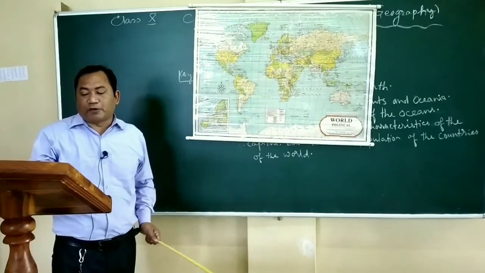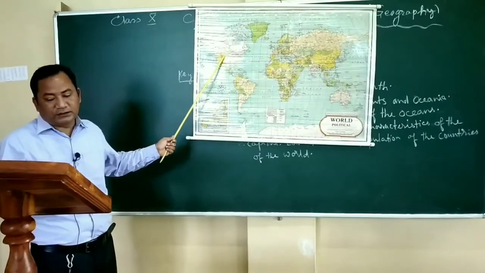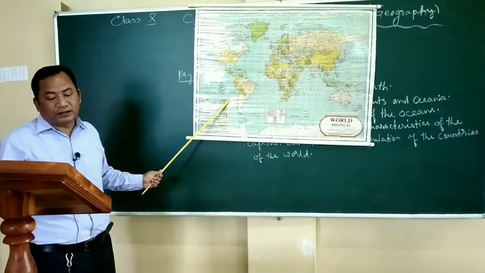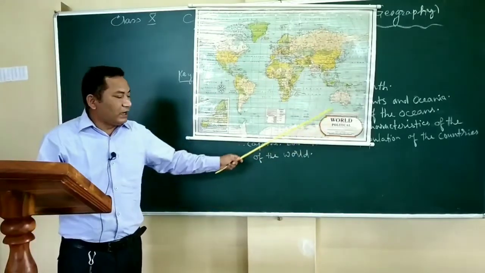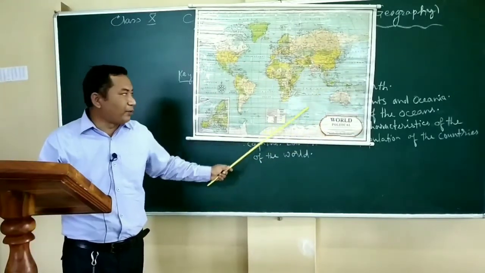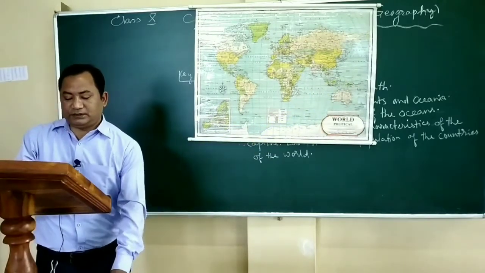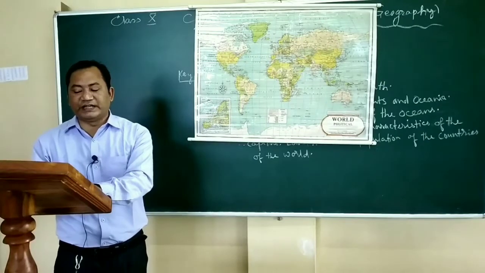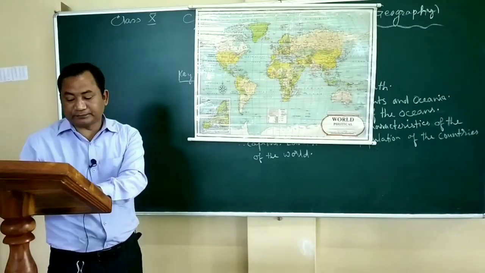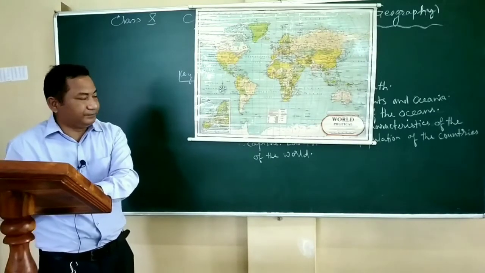The second part is formed by the continents of North America and South America, the third part by Australia, including a large number of islands, constituting the continent of Oceania, and the fourth part by the continent of Antarctica.